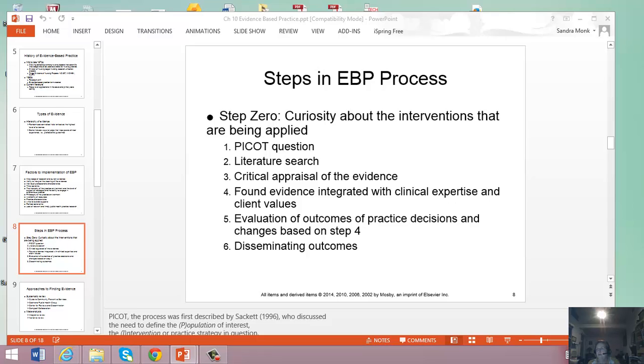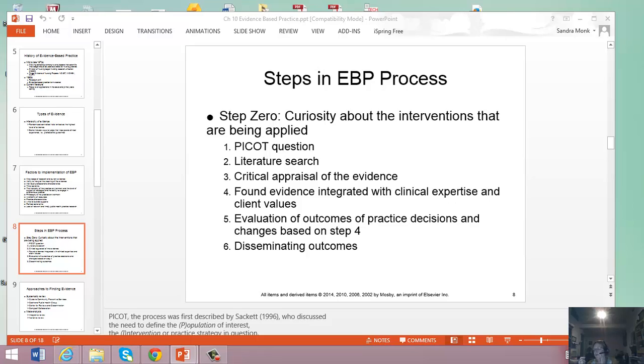And then critical appraisal of the evidence. Do you have good evidence that is based on your population of interest, your intervention, and then your outcome desired, and so forth. And then you want to integrate that with the clinical expertise of the nurses and the client values.